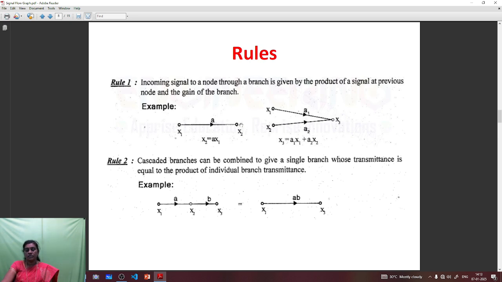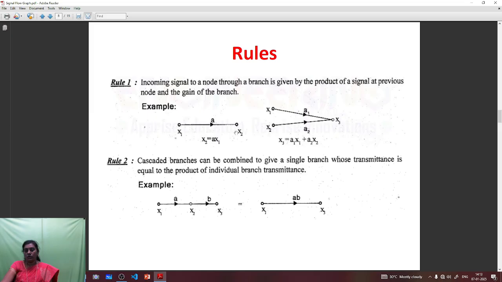And let us see some of the rules used. So this is the first rule. See here, the incoming signal to a node through a branch is given by the product of the signal at the previous node and the gain of the branch. So this we have seen as a last property. See here, this is the incoming signal to the node x2.